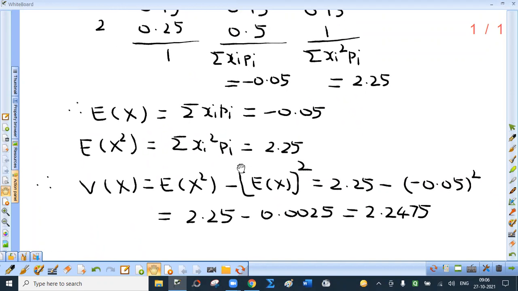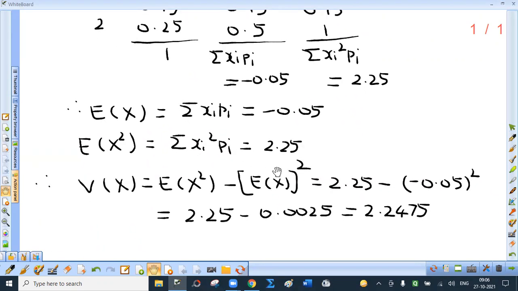Now how is variance defined? E of x square minus square of E of x. So 2.25 minus square of this, square of negative number is also positive. So 2.25 minus 0.0025, 2.2475 is nothing but variance. If we are asked to find standard deviation, we have to consider its positive square root. Standard deviation is positive square root of variance.